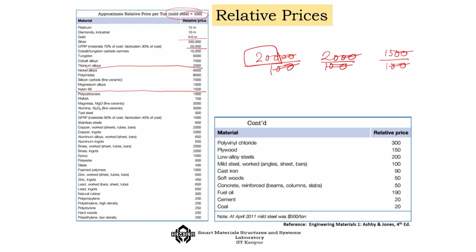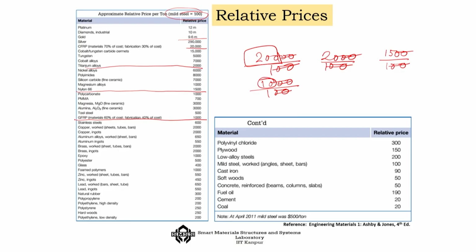Come down now and come to GFRP, glass fiber reinforced plastic, that is about 1000 units, and divided by the steel as 100, you know that GFRP is 10 times more expensive.